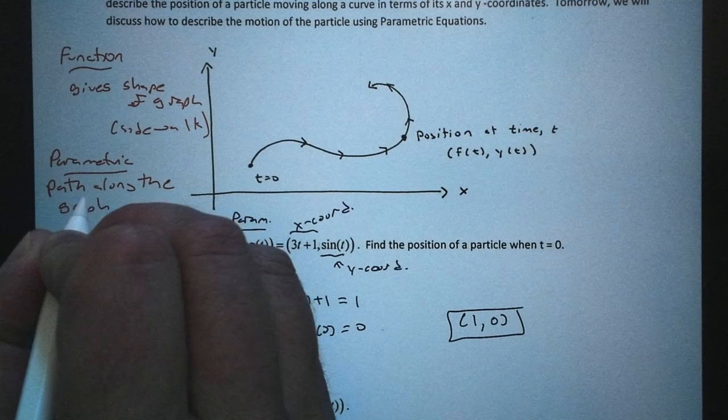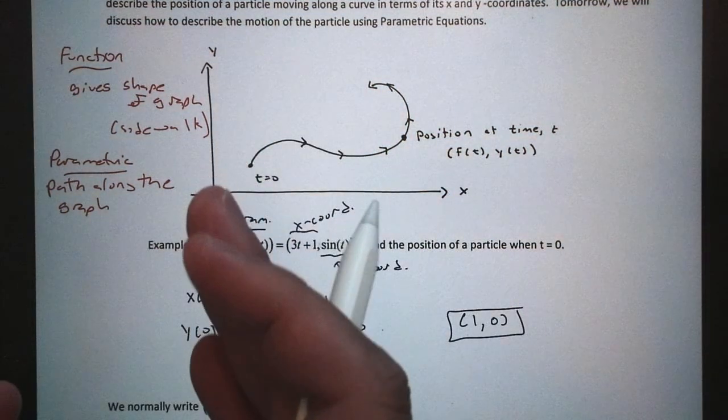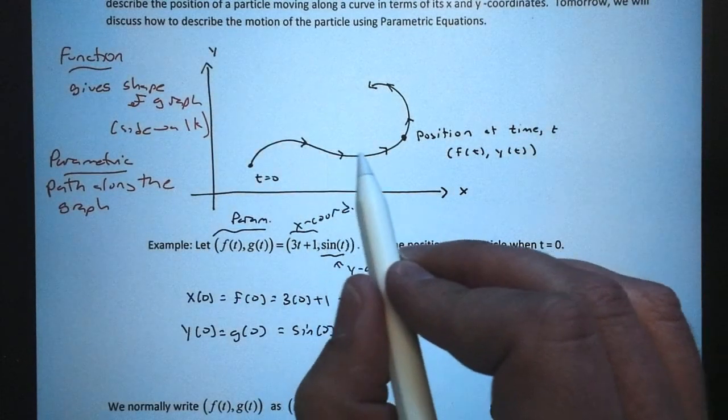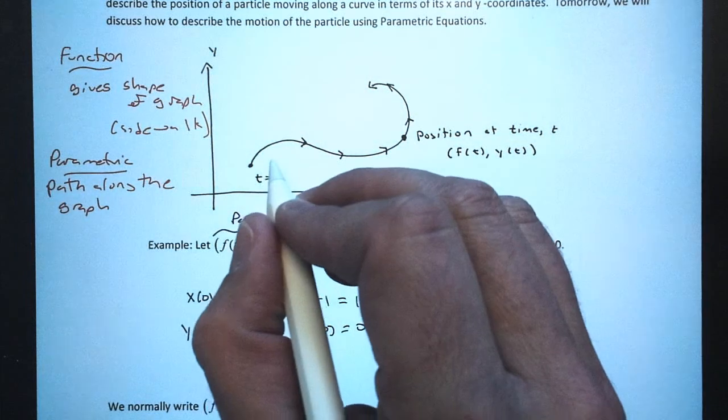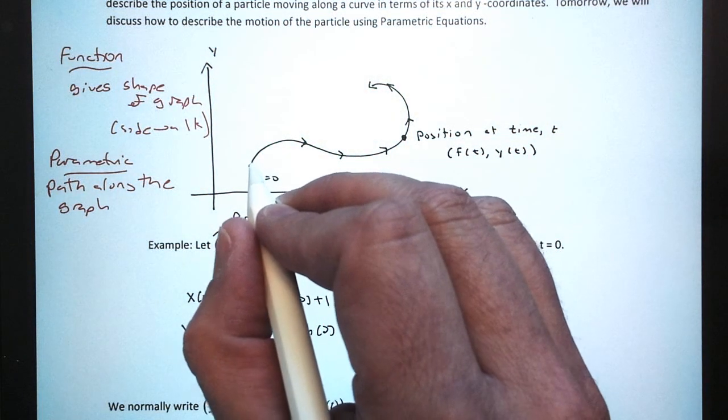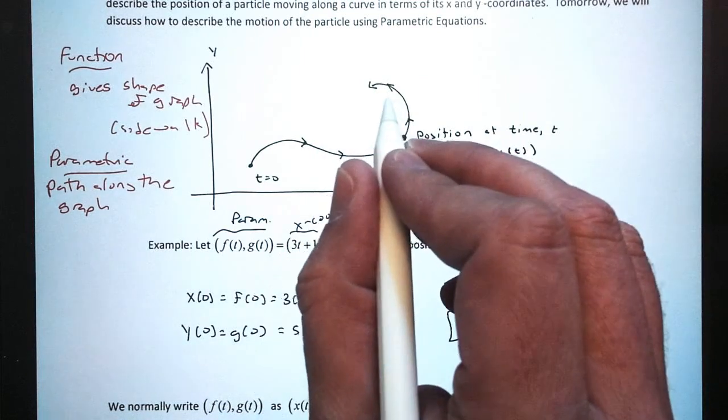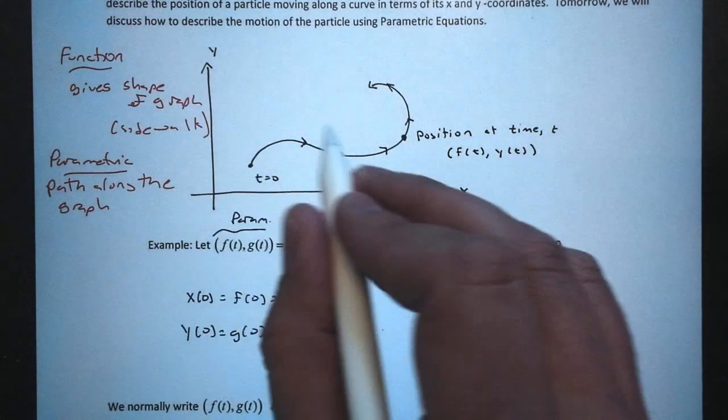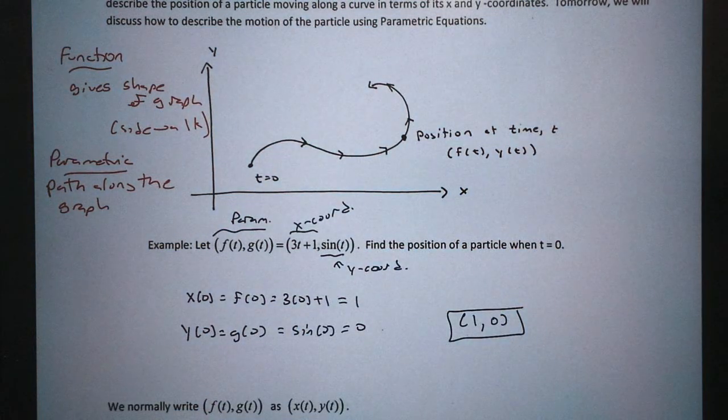If you go to our sidewalk example, the path is going to tell us how we are moving along the sidewalk. What direction are we moving? And so on and so forth.